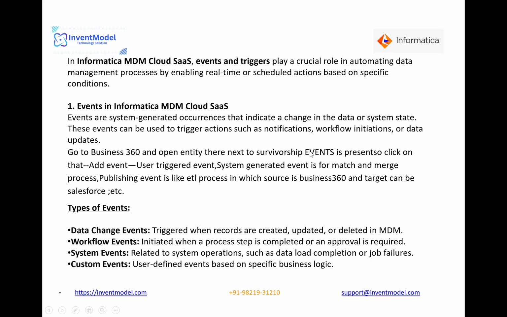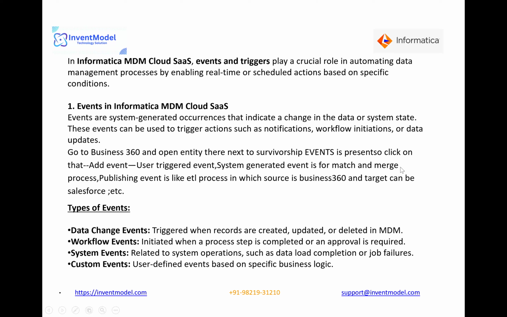When we click on the events tab, we get three options: user triggered event, system generated event, and publishing event. System generated event is mostly for the match and merge process, and publishing is for some ETL process that you want to trigger, where the source can be Business 360 and the target can be anything, like Salesforce or any example you want to take.